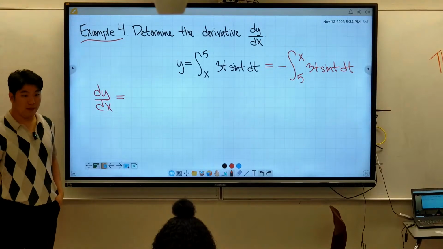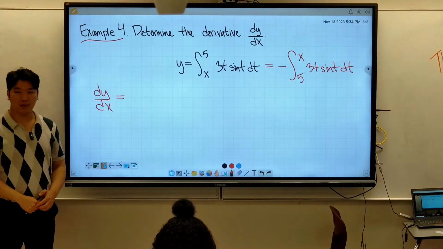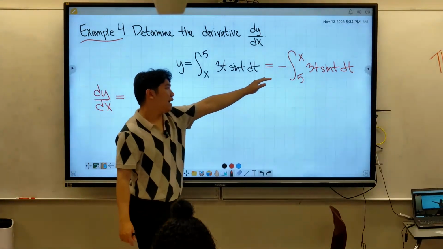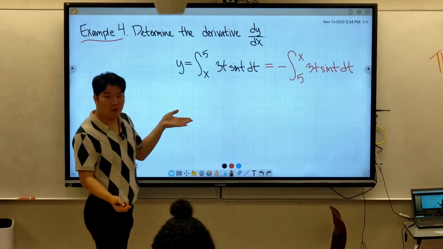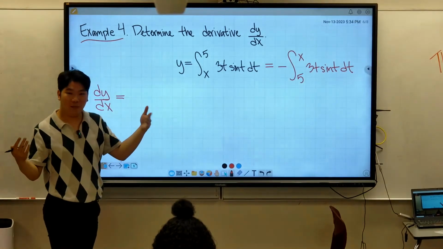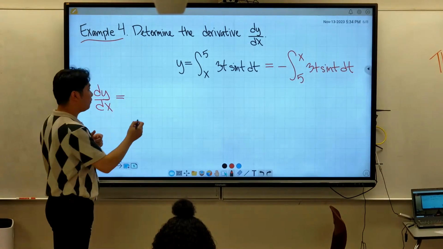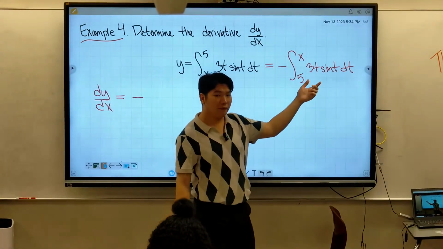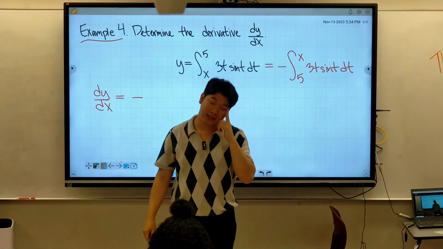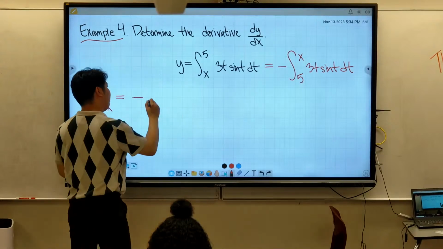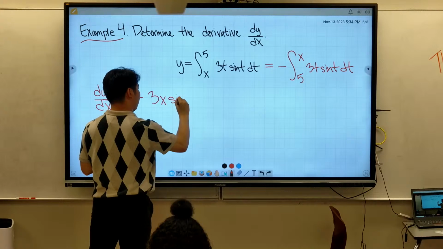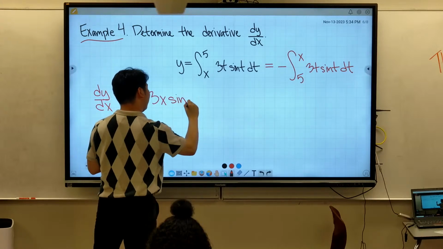Derivative of y, we get dy dx. Derivative of the right side, we have a negative. We carry that through because whenever we do derivatives, the coefficients go along. What is the derivative of the integral from 5 to x of 3t sine of t? 3x sine of x.